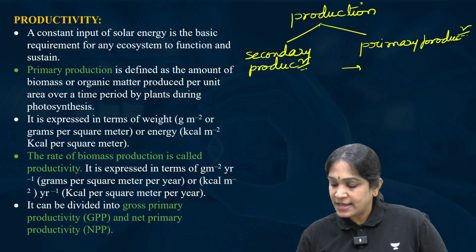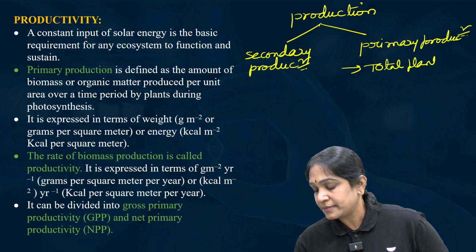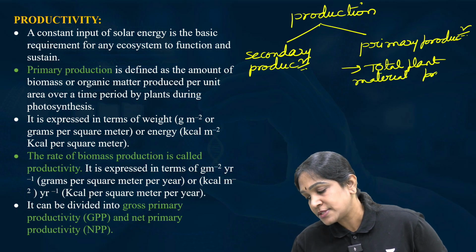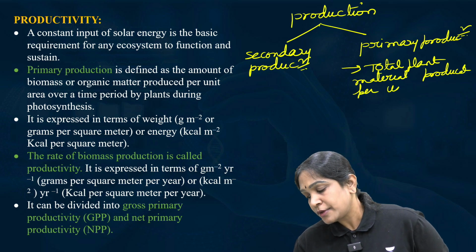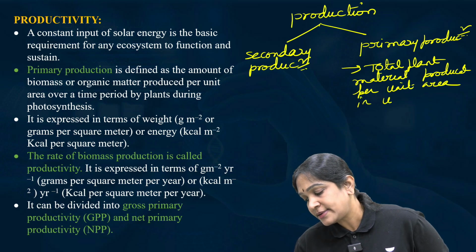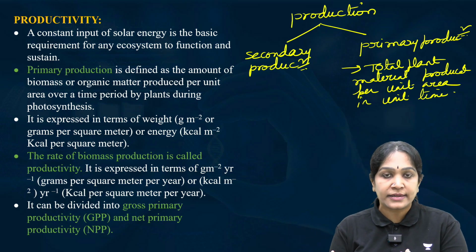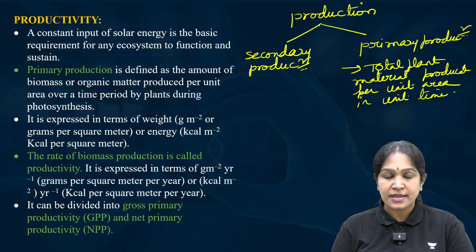Primary production is the total plant material produced per unit area in unit time. The total plant material which is produced per unit time in unit area is called primary production.